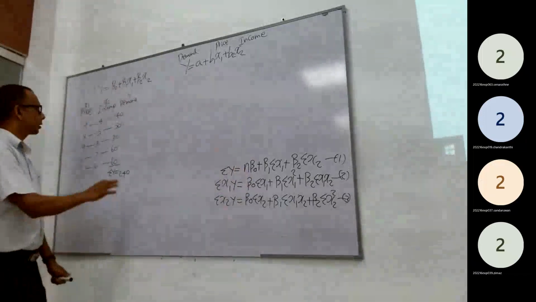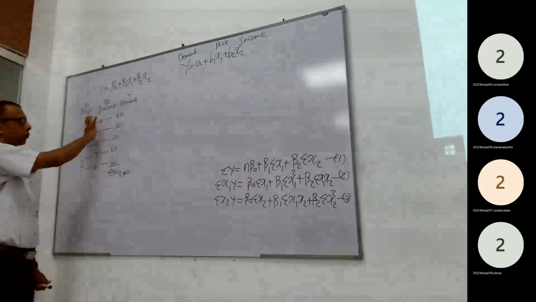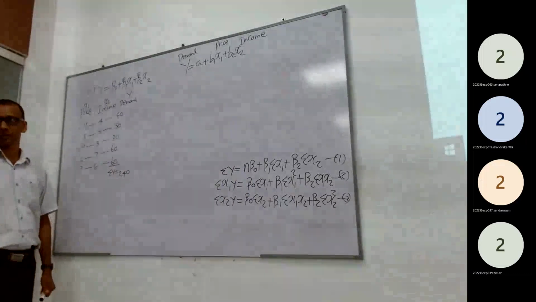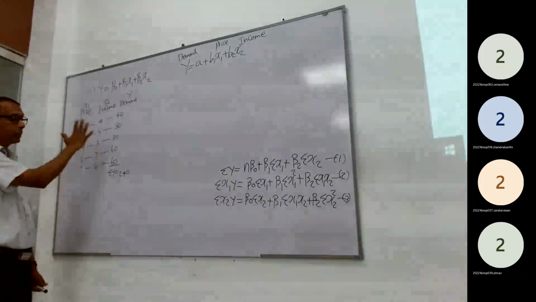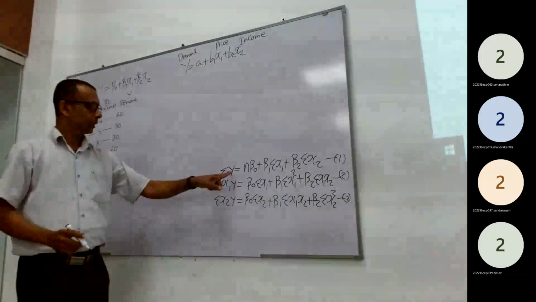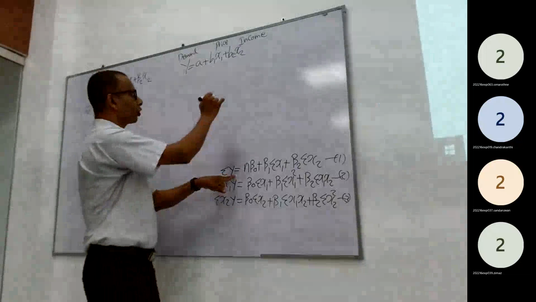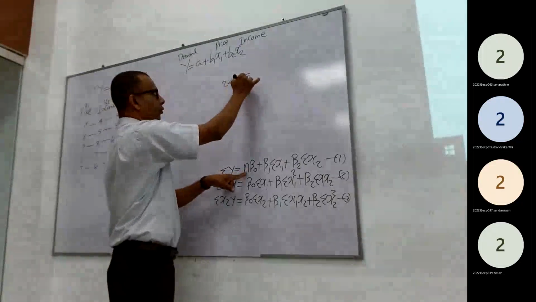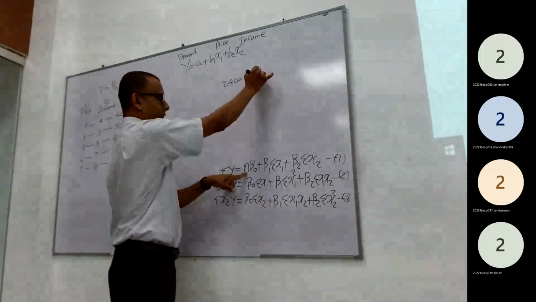We know there are 5 data points, not 15. Sigma y is 240, and n is 5 beta 0.